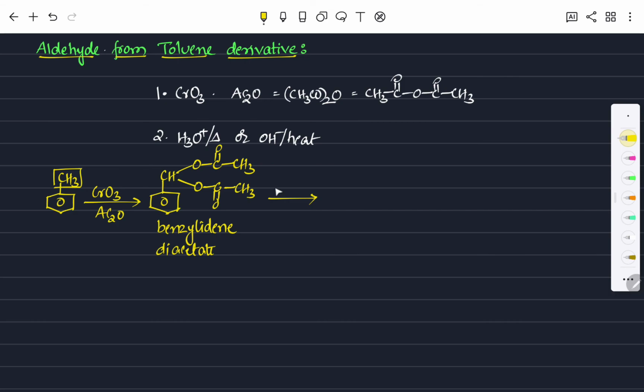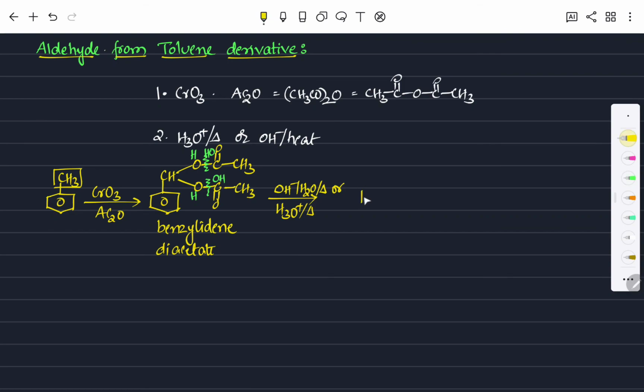This compound undergoes hydrolysis either in basic medium or in acidic medium. So here, we have to break the corresponding C-O bond at the indicated position. At this position we break, and here we add hydrogen, and here we add an OH group.